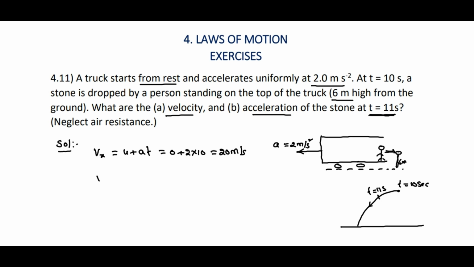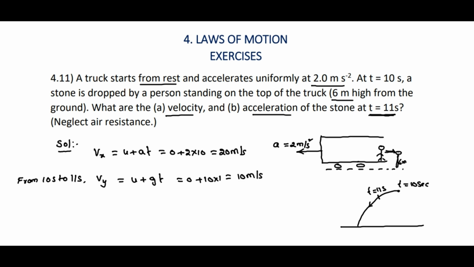Therefore, the vertical component of velocity from 10 seconds to 11 seconds is u plus gt, that is 0 plus 10 into 1, that is 10 meters per second.